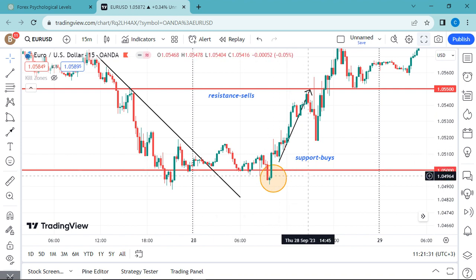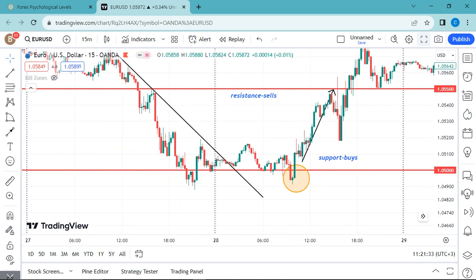And as you can see here, this was the first touch, second touch, third touch, and after it touched this region, it created a pattern. This is called a morning star candlestick pattern, and I'll teach you about these candlestick patterns in another video.